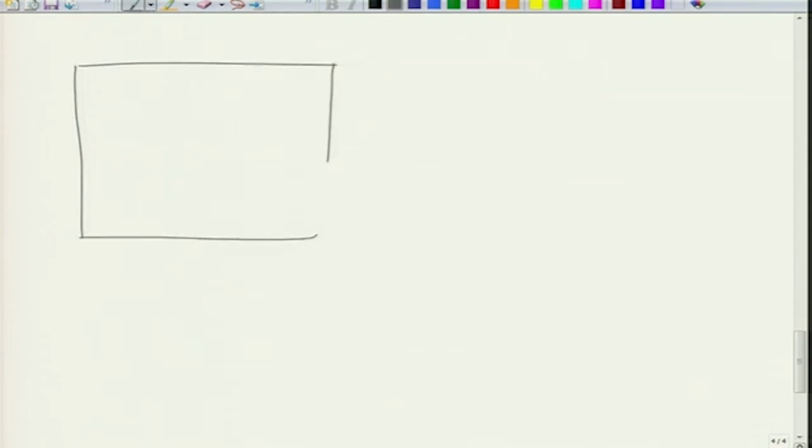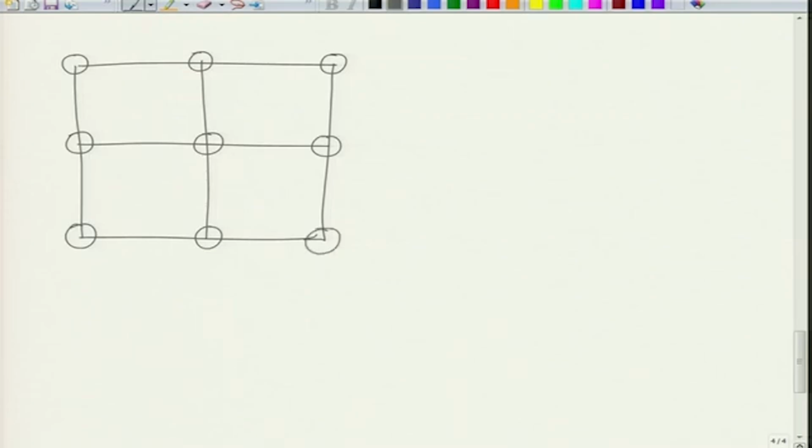So, for example, you can make a lattice, so I will just give you one example and the rest you can do by yourself. Let us say I construct this kind of lattice. Okay. So, this is just a monatomic lattice.